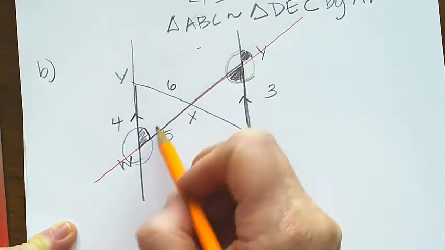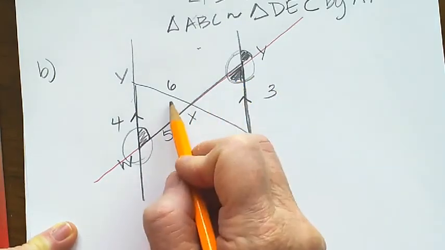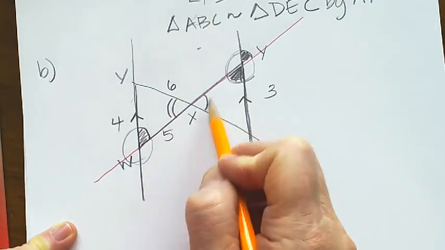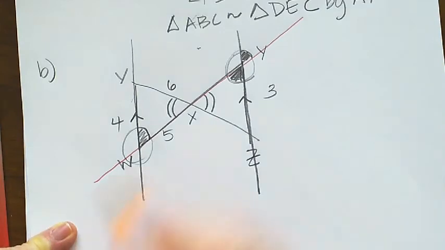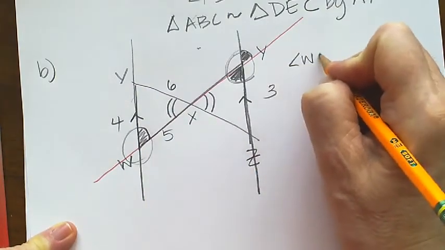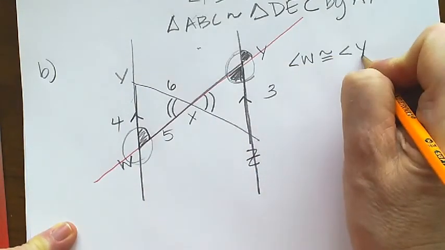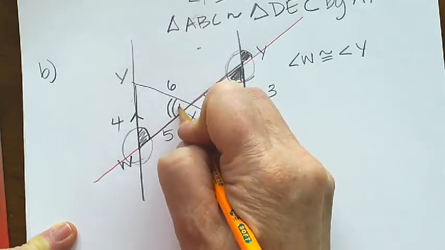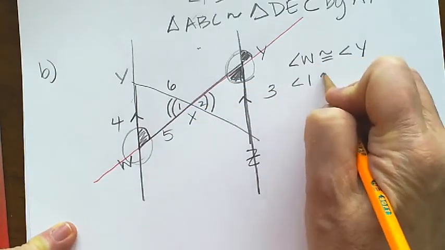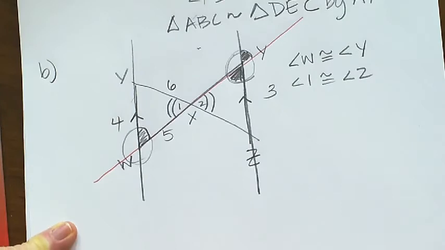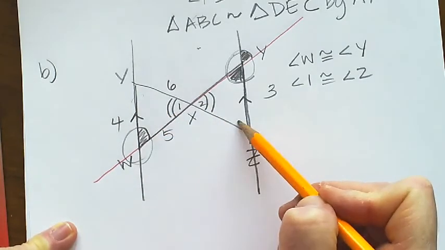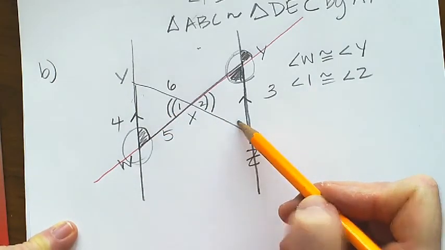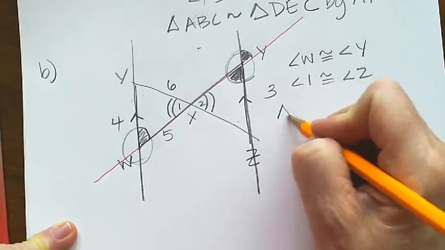Okay, so then we have a pair of angles that are congruent here. We have another pair of angles that are congruent here, vertical angles. So let's see, we have angle W is congruent to angle Y. Let's just do 1 and 2. Angle 1 is congruent to angle 2, and that's all I need to do. We could say that these are equal, but we already have 2 pairs of angles. That's all we need.